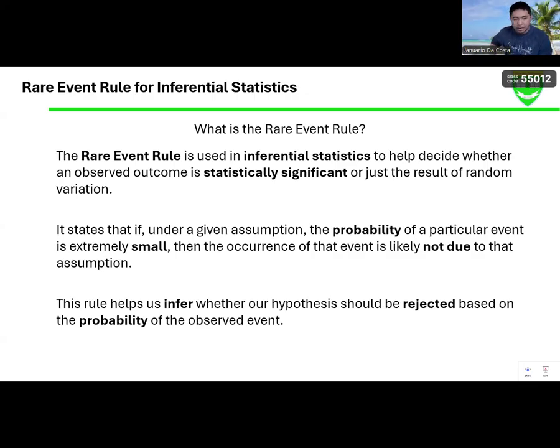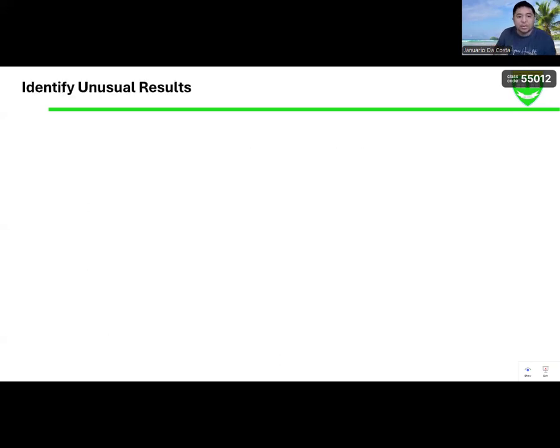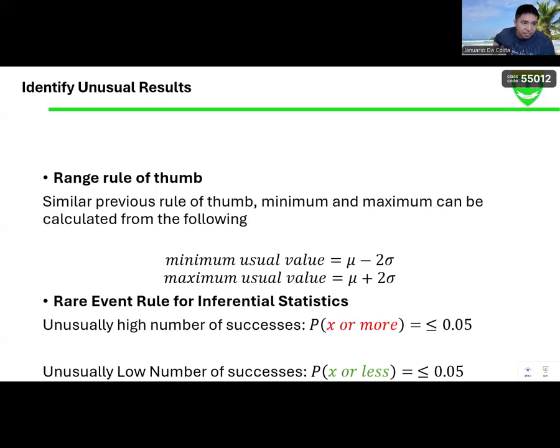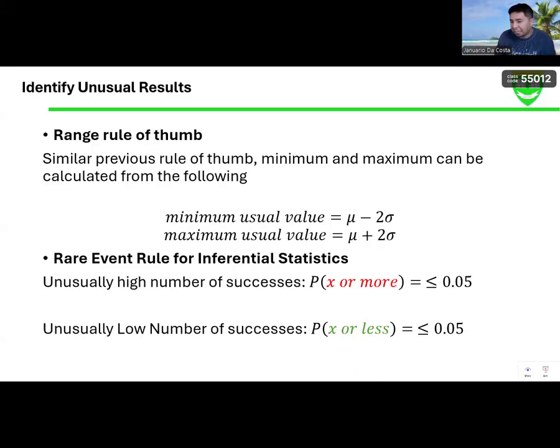But there are general rules that you can use to identify unusual results. You can find them using the range rule of thumb. You can find the minimum usual value or the maximum usual value. The minimum usual value is the mean minus 2 times the standard deviation.